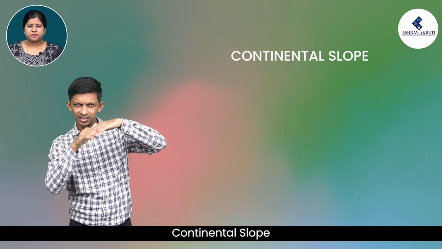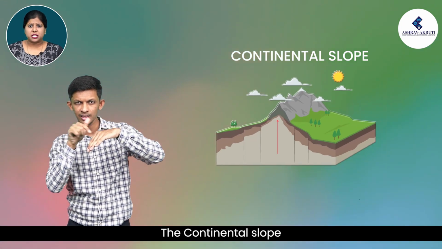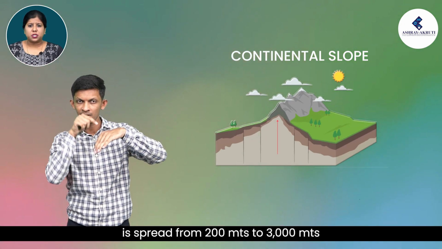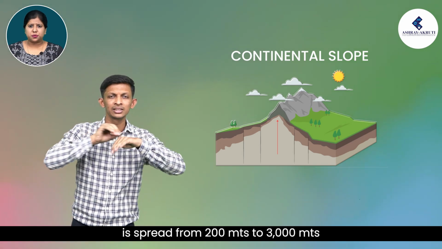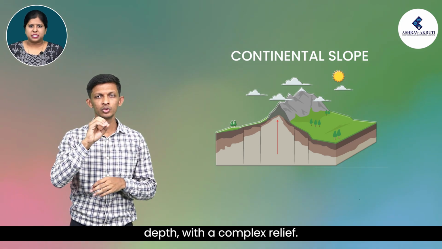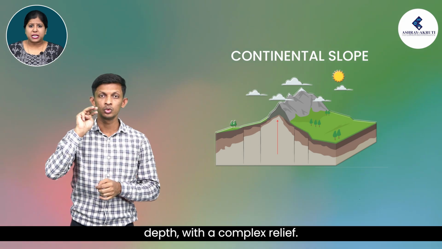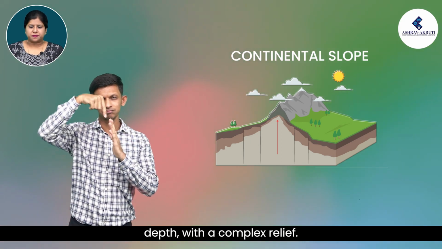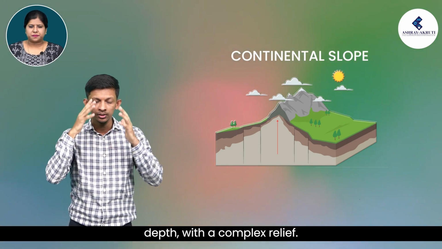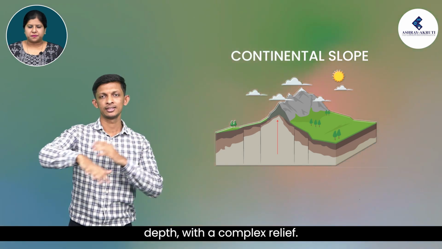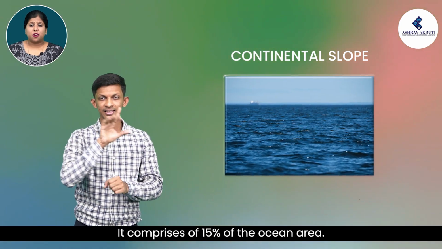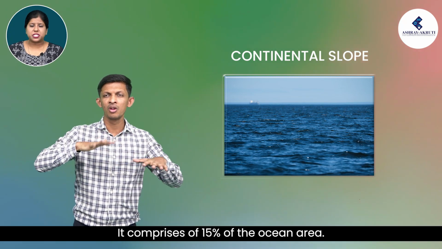Continental slope. The continental slope is spread from 200 meters to 3000 meters depth with a complex relief. It comprises 15% of the ocean area.